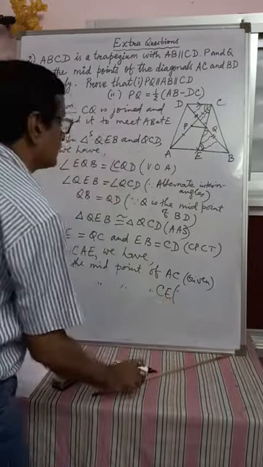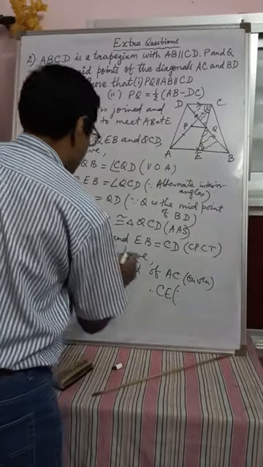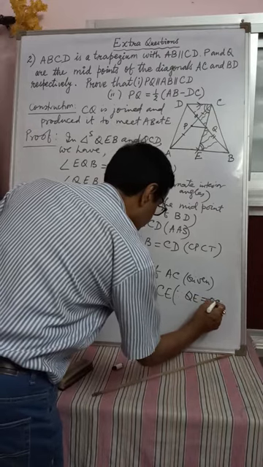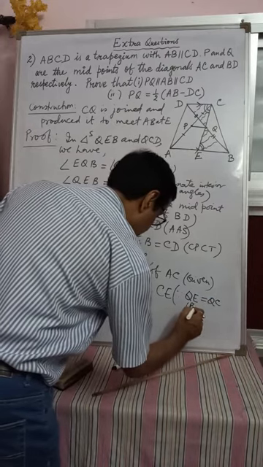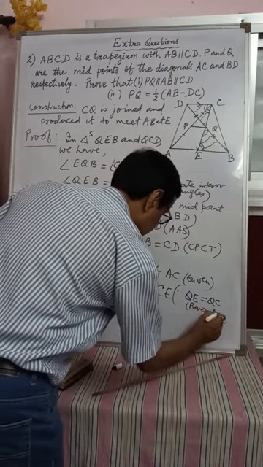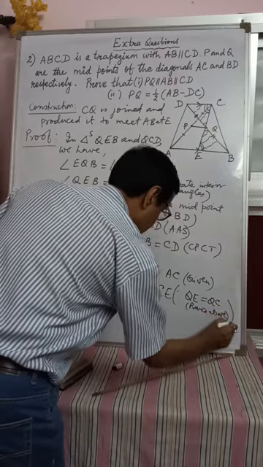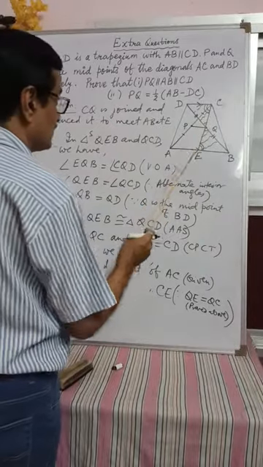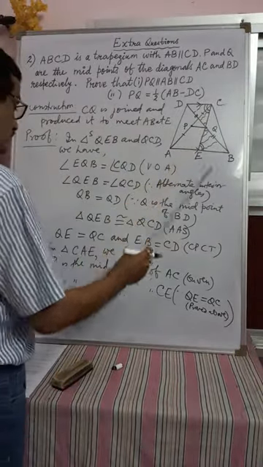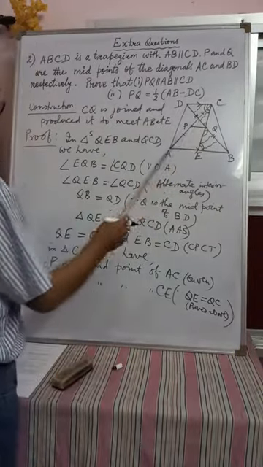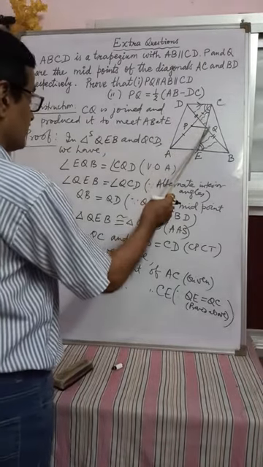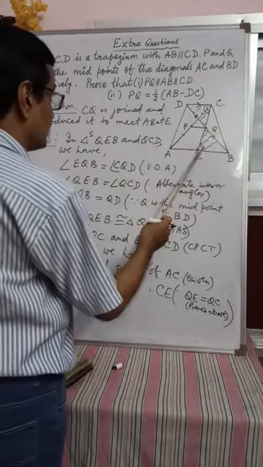Why? Because just now we have proved, QE is equal to QC, proved above. We have already proved that, meaning Q is the midpoint of CE. So in this triangle CAE, P is the midpoint of AC and Q is the midpoint of CE.